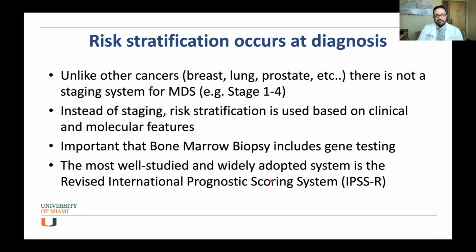And then the most well-studied and widely adopted system that we use is the IPSS-R, or the Revised International Prognostic Scoring System. To make this scoring system work, you have to have tested certain features of the bone marrow. So again, it's important that all the correct tests are sent on the bone marrow. And the score was done based off of the diagnostic time point.